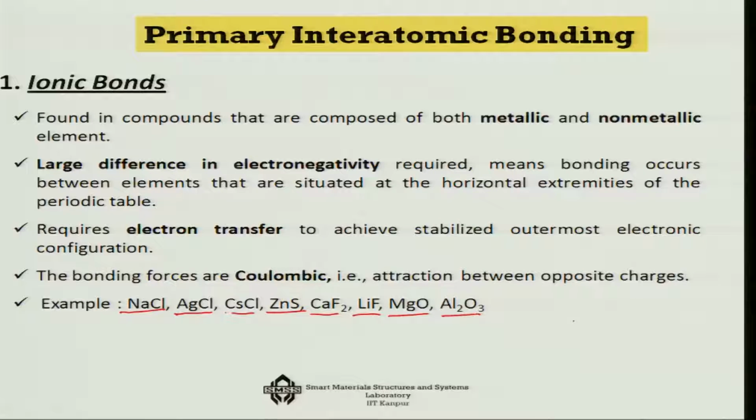One important thing on the ionic bonds are the oxides, for example. Many oxides are there, which are formed because of the high degree of reactivity of the metals with oxygen, and hence there are abundant forms of oxides.